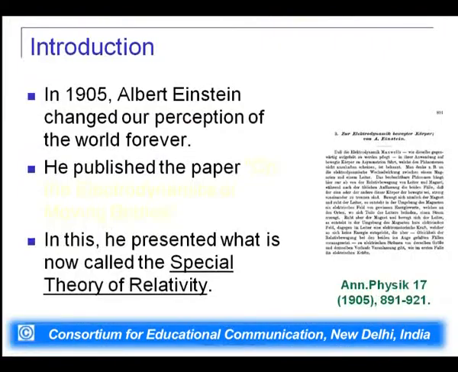Next, in 1905, Albert Einstein changed our perception of the world forever. He published a paper on the electrodynamics of moving bodies, in which he presented what is called the Special Theory of Relativity. It was published in 1905, pages 891 to 921, in the journal Annalen der Physik, volume 17.